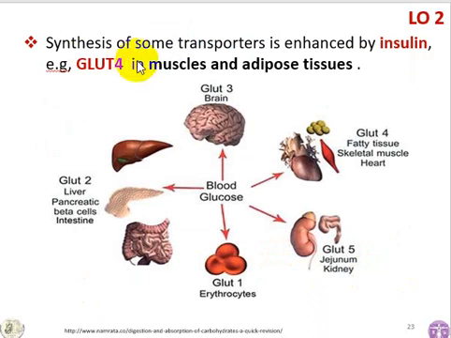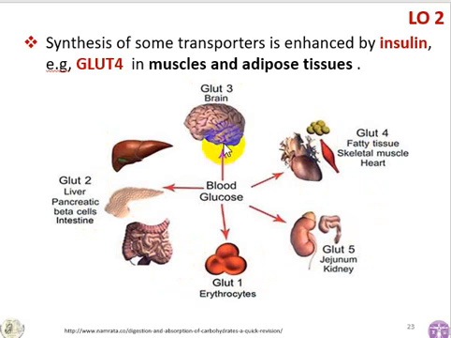The synthesis of some transporters is enhanced by insulin, for example, glucose transporter 4, which is present in muscles and adipose tissue. This figure shows that the different types of glucose transporters are distributed in different types of tissue.